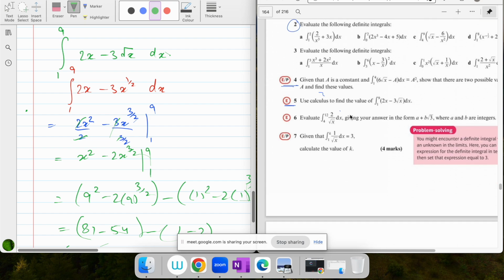Okay, look at question number 6. Evaluate this, giving your answer in the form a plus b square root 3. So we have to keep it in the exact form.